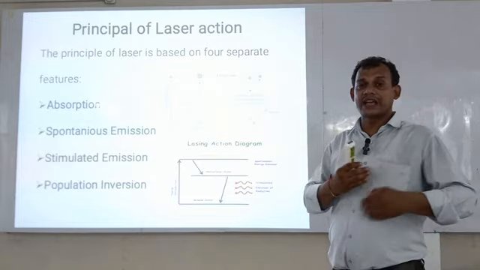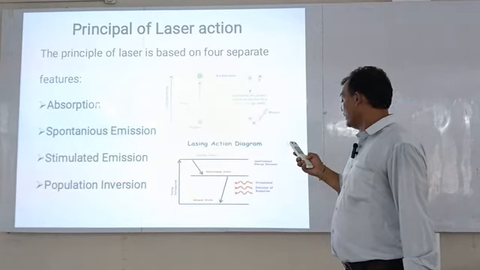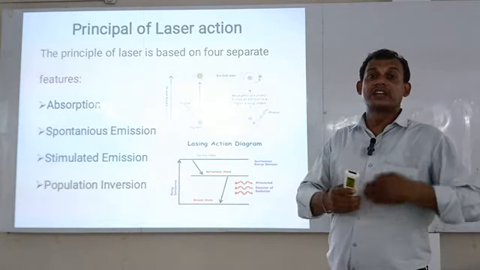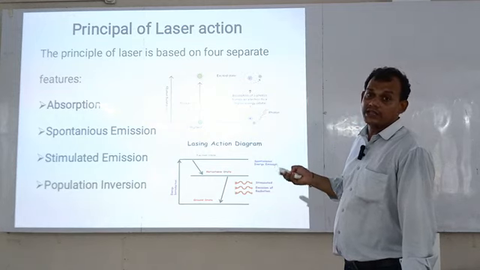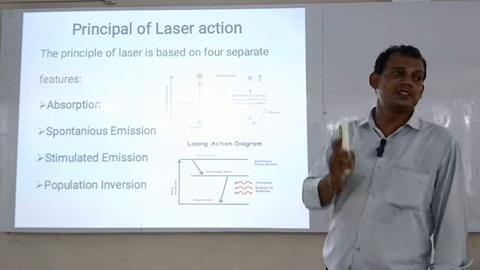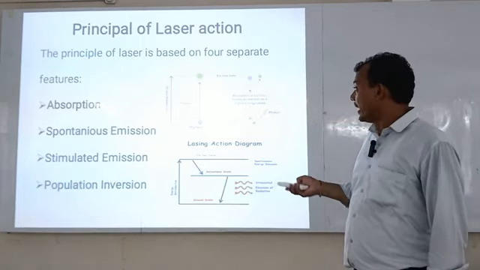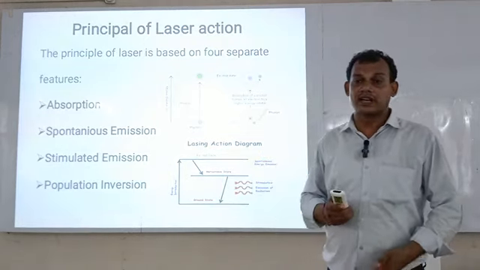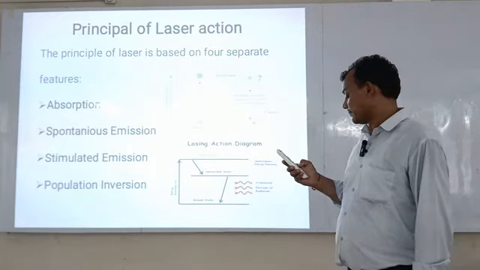The process of excitation of a ground state atom is called pumping. When the number of atoms in the excited state is greater than the number of atoms in the ground state, this condition is called population inversion. One thing you can note down: when the material achieves population inversion, after that it is possible to create the emission.